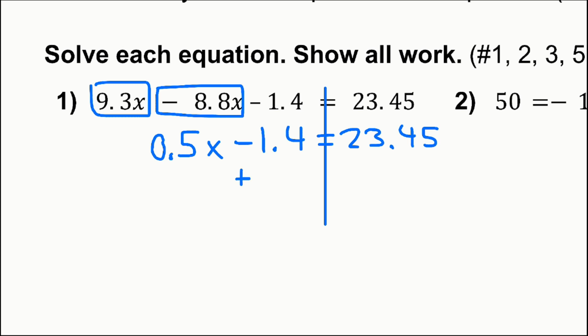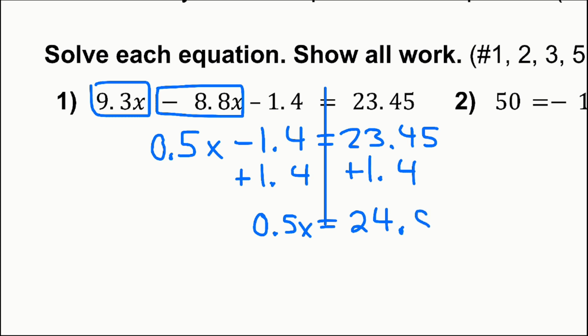We will add the 1.4 to move it across the equal sign. It's going to leave me with 0.5x equals whatever 23.45 plus 1.4 is. So that's 24.85.